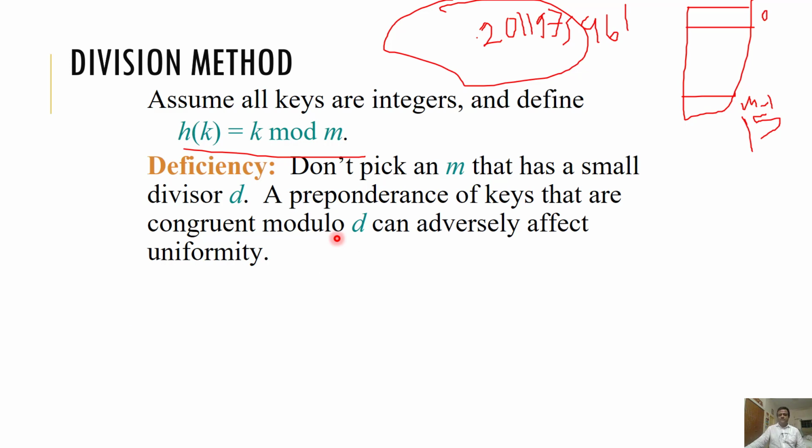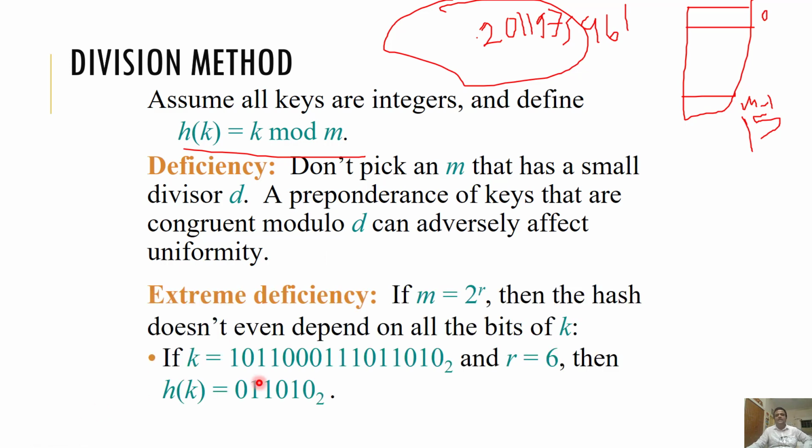Now the question is whether this is a good or bad hash function. It depends on the choice of m. If we choose m to be 2 to the power of something or 10 to the power of something, it is not a good hash function. Why? Suppose m equals 2 to the power r, with r equal to 6. We take an integer and convert it into binary. What is h of k, k mod m?